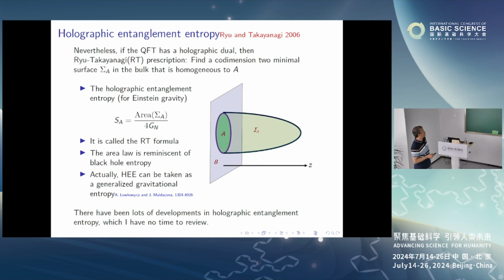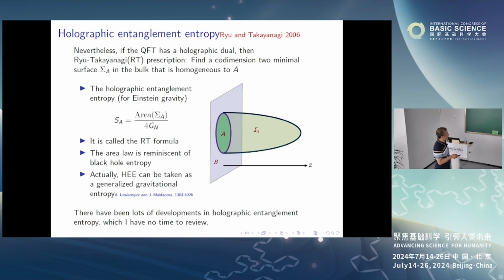But in the case when this quantum field theory has a holographic view, has a gravity dual, then Ryu and Takayanagi gave a nice prescription. As shown in this figure, this is the boundary quantum field theory.